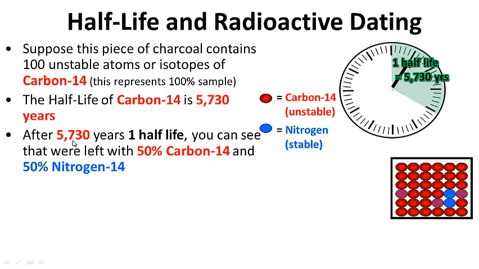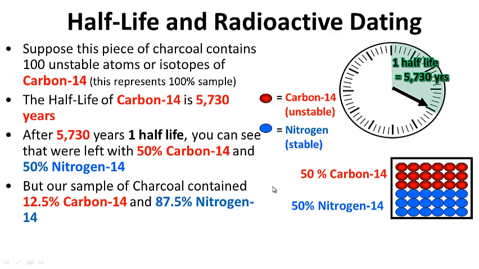After 5,730 years, 1 half-life has gone by, and you can see that we're left with 50% carbon-14 and 50% nitrogen-14. But our sample of charcoal contained 12.5% carbon-14 and 87.5% nitrogen-14, so it must be older.